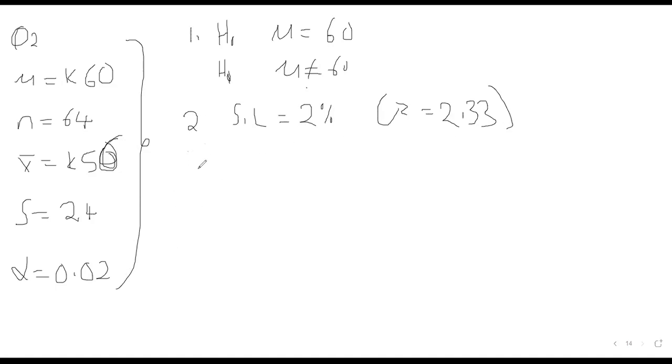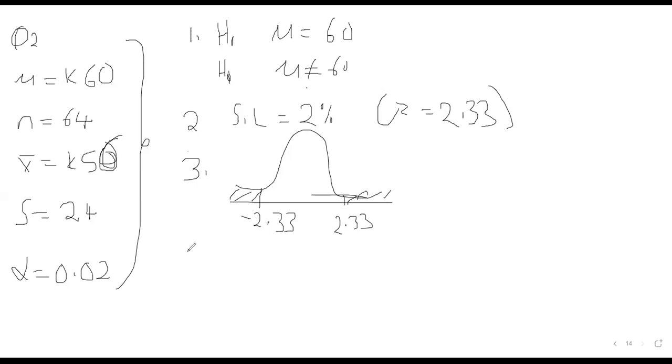In step 3, we shade the bell shape. On the left side, we put a negative 2.33. On the right side, we put a positive 2.33. So we shade this side, we shade this side. All right. Then step 4, we calculate our Z. How to calculate the Z?